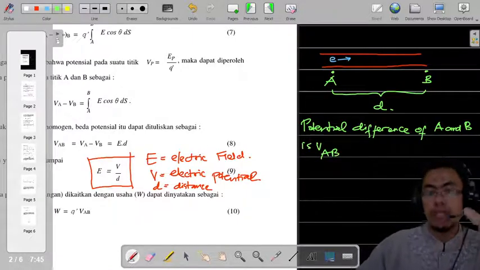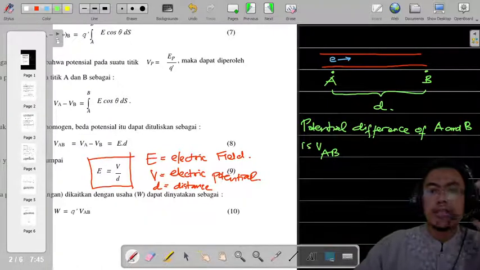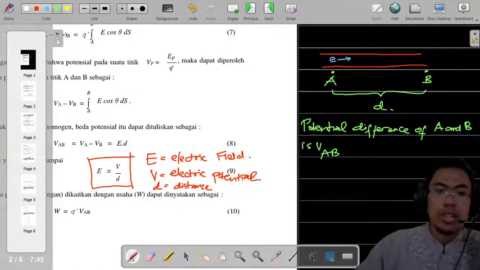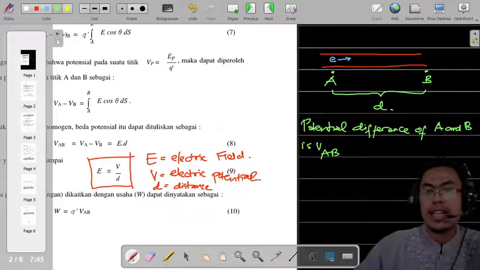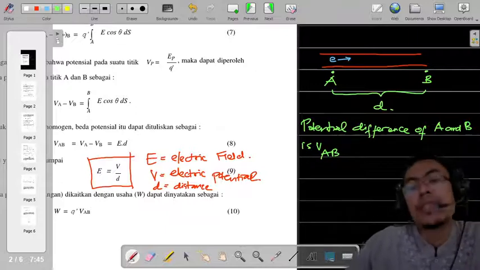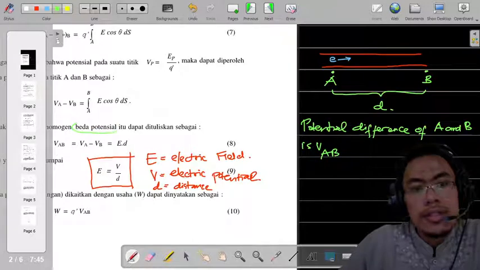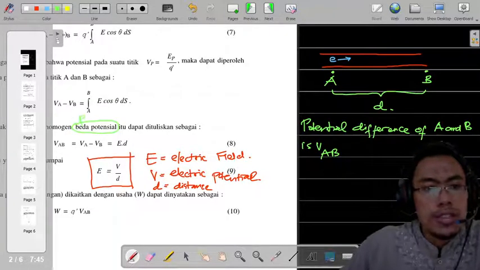So in Bahasa Indonesia, I will translate it: jadi beda potensial atau beda tegangan antara titik A dan B itu adalah VAB, the potential difference.